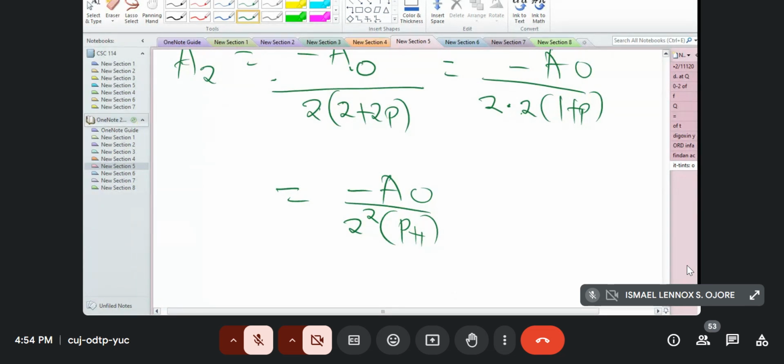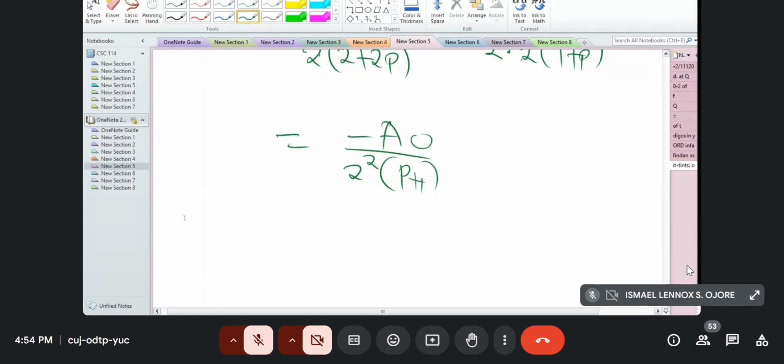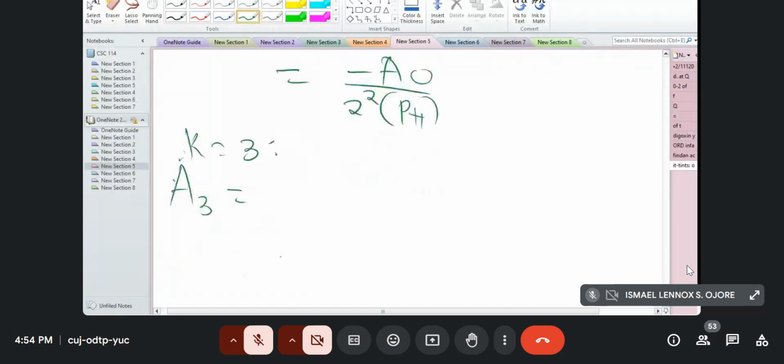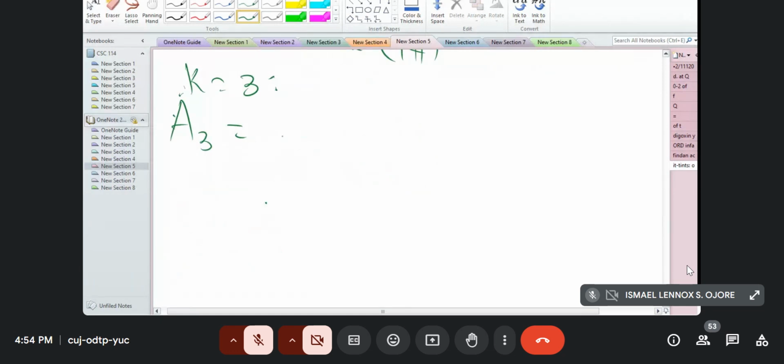When k equals 3, we'll have A sub 3 equals minus A1 divided by 3 into 3 plus 2p. But when solving for the coefficients of x to the s plus 1, what did we find A1 to be equal to?